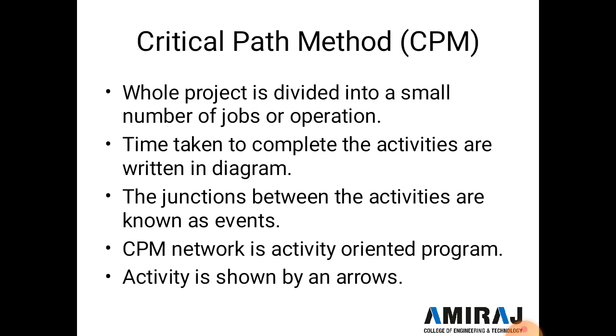The start of the arrow is the head event, and the end of the arrow is known as the tail event. The arrow length does not show any duration or time, like a 5 centimeter length of the arrow being compulsory. No rules for the arrow, so the arrow length is not fixed.